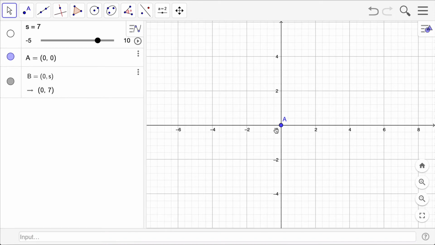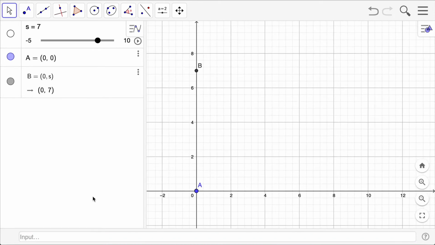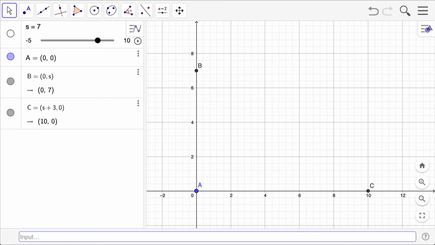And we need to change the view here a little. Okay. And now the length, the width, say, is S plus 3, right? Oops. S plus 3. The width was going horizontal, so we put that in the x-coordinate. And we get there. And now we just create that fourth point there.